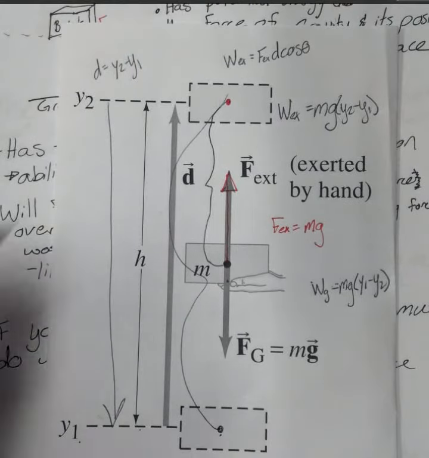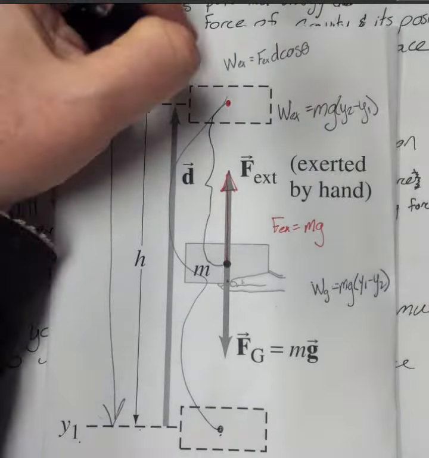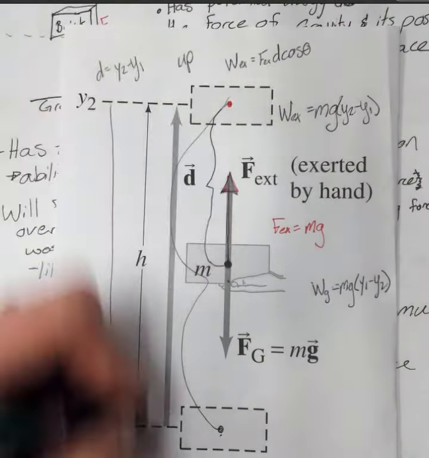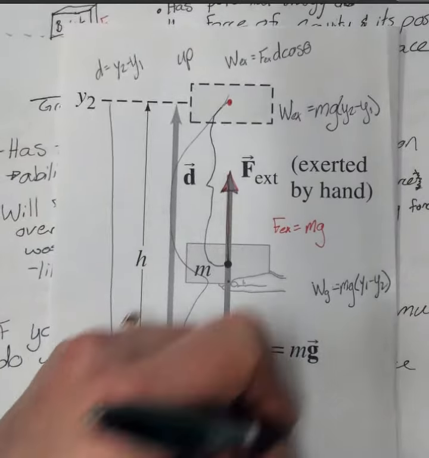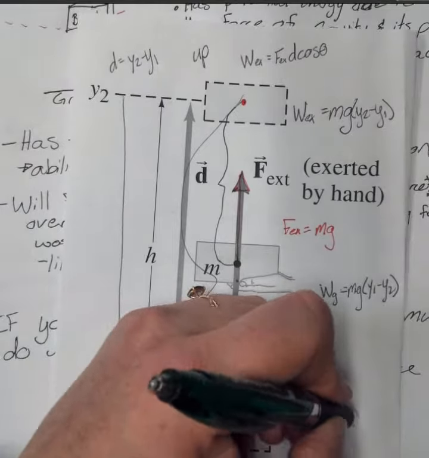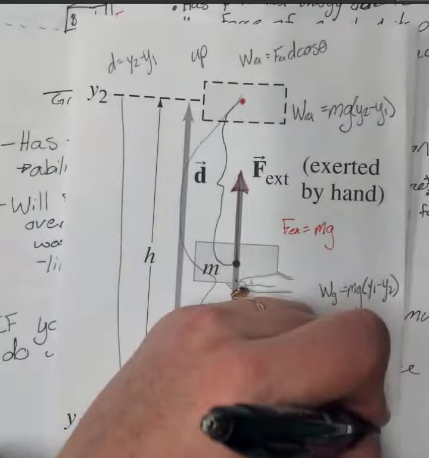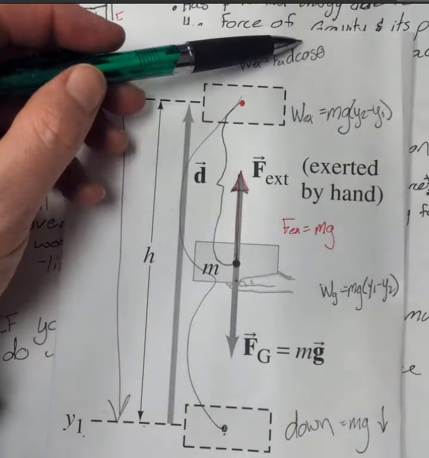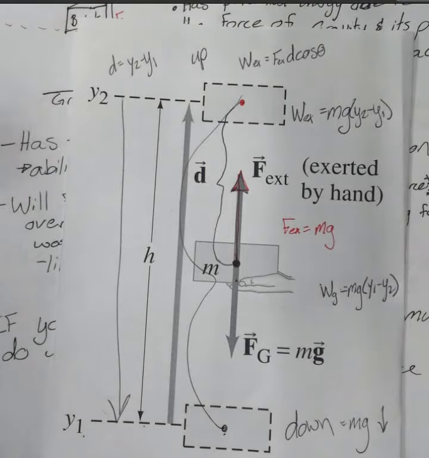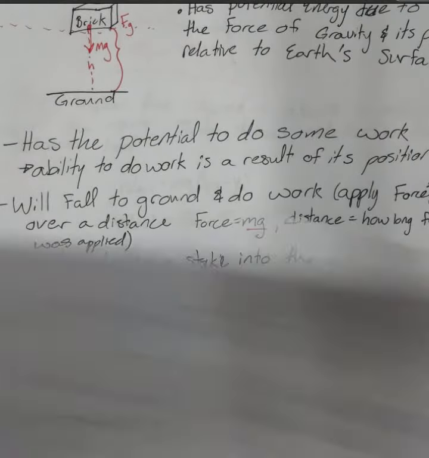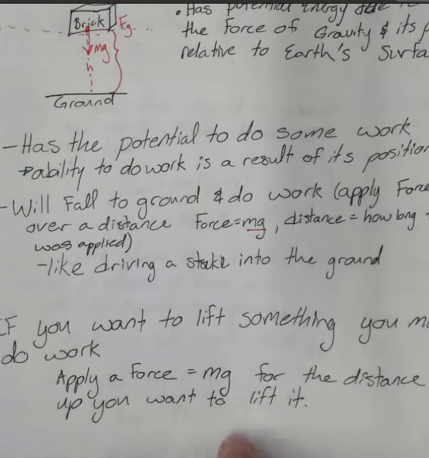All right, and in this case, remember when we were going up, your force was up and your displacement was up. Now when you're going down, gravity is down and your displacement is down, and so that means that the cosine theta is going to be 1 in both cases because theta is 0 in both cases. So what we can do is we can define some of these variables now.